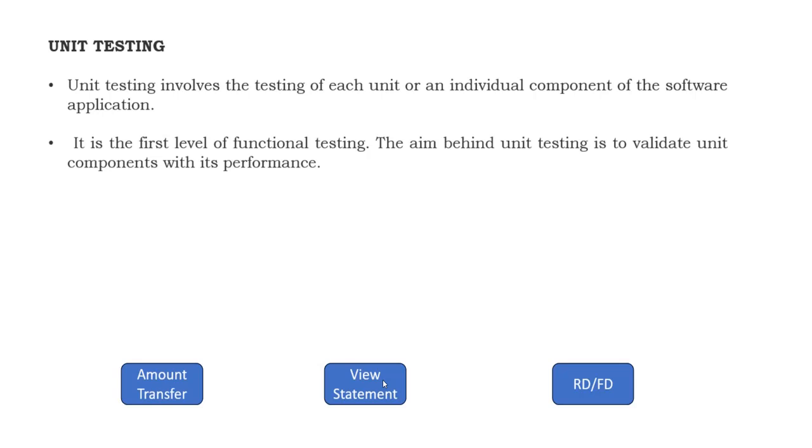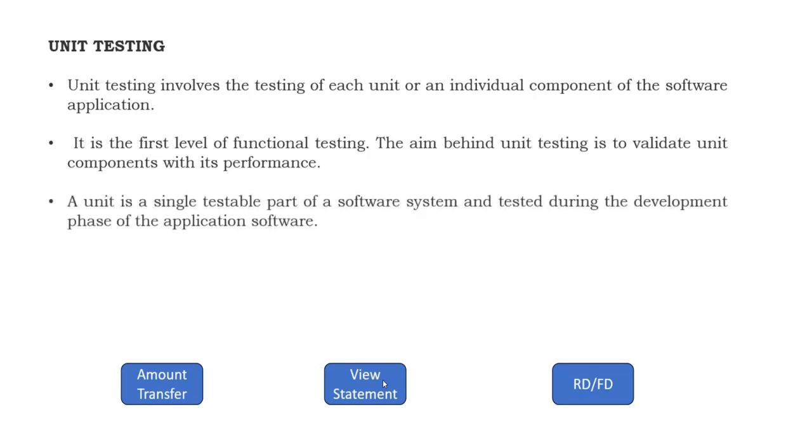When developers develop the application, they have to make sure that whatever they have developed is working fine. So this unit testing will be performed by the developers. They will verify how the individual component is working as part of the unit testing.